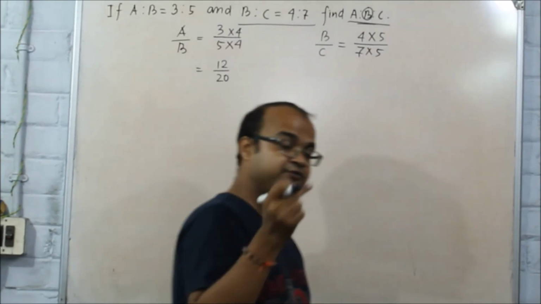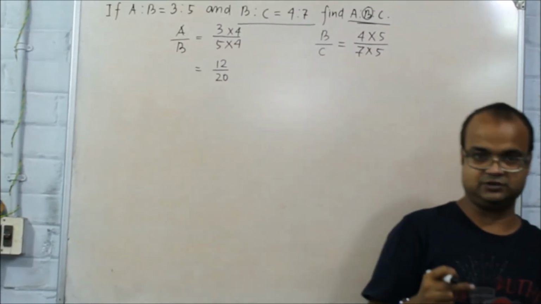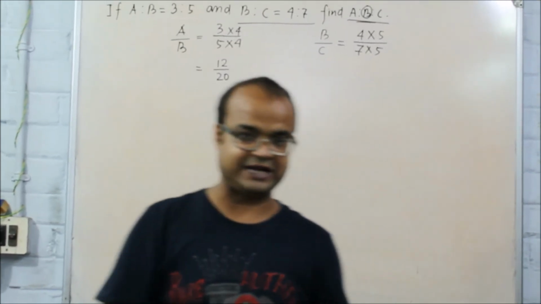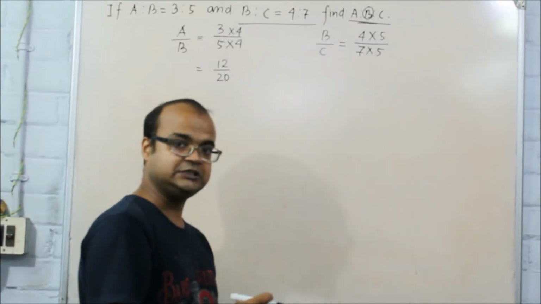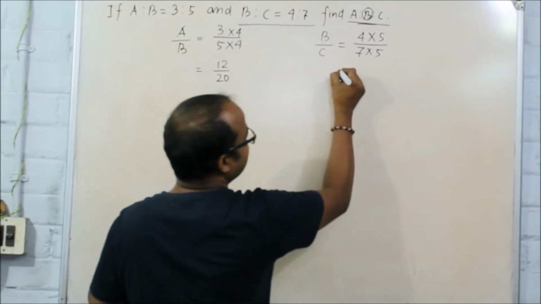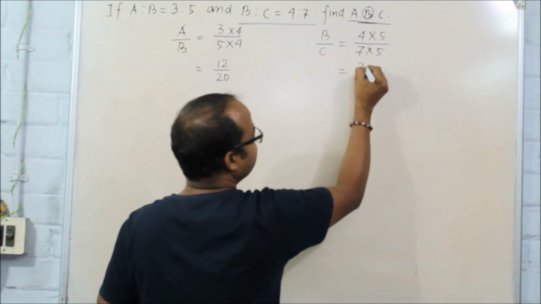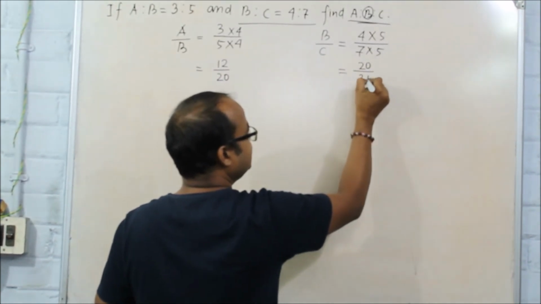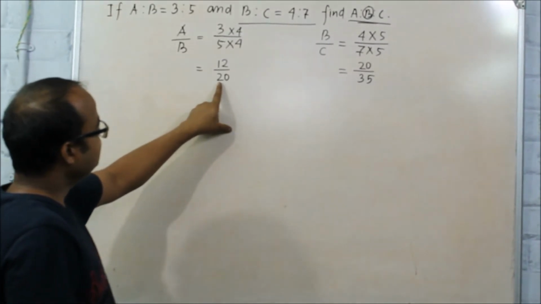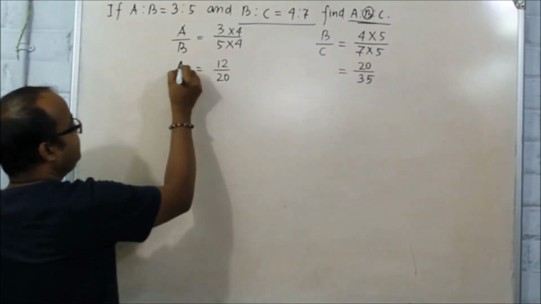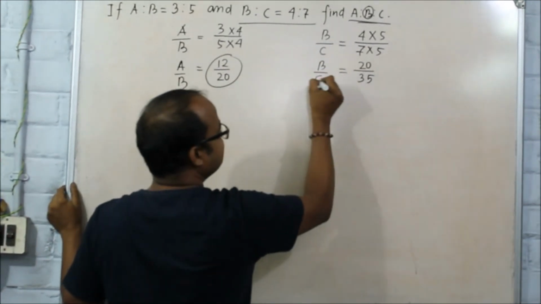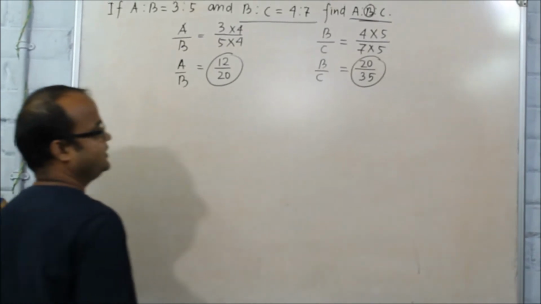Now you know, if you multiply numerator and denominator of a fraction by the same quantity, the fraction remains unchanged. That's why we are multiplying numerator and denominator by 5 too. Now see, here A by B is equal to 12 by 20 and B by C is equal to 20 by 35.